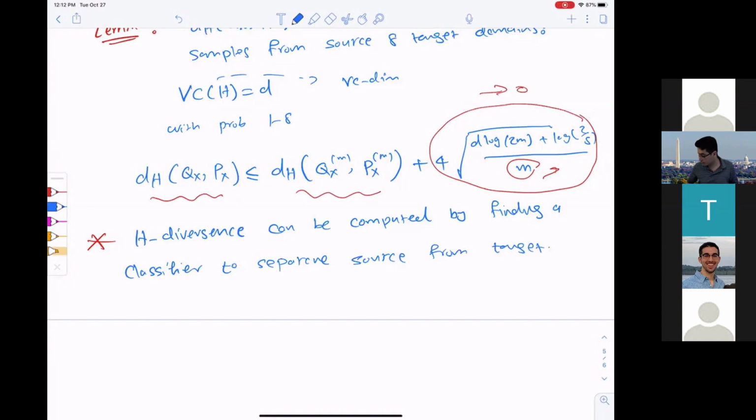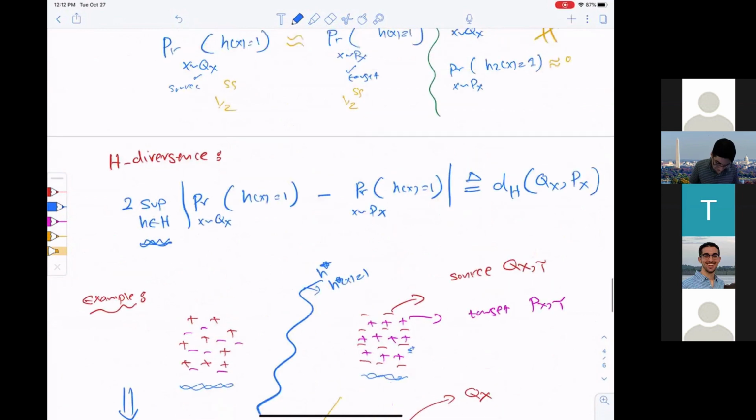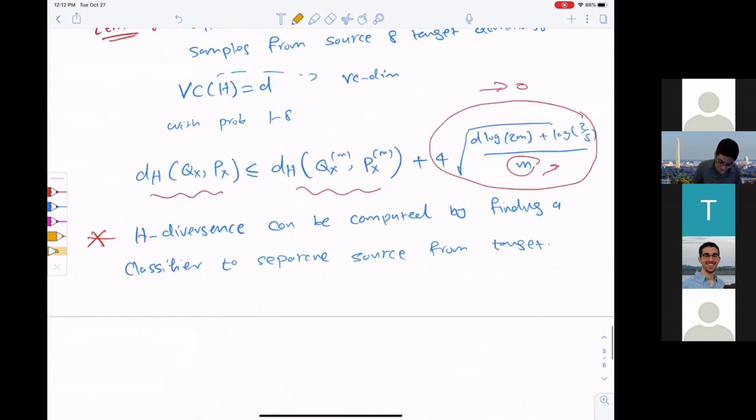If you have some source samples, let's label them 1. I don't have the true labeling for them, but I know they come either from source or target. For my target samples, I'll label them 0. Then I fit a classifier to classify between source and target and see how that classifier performs.